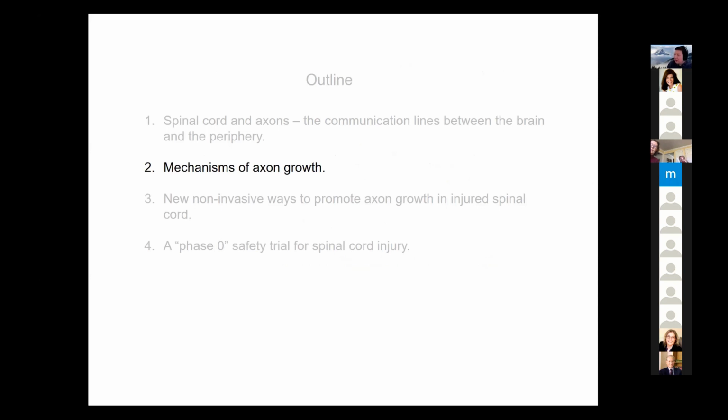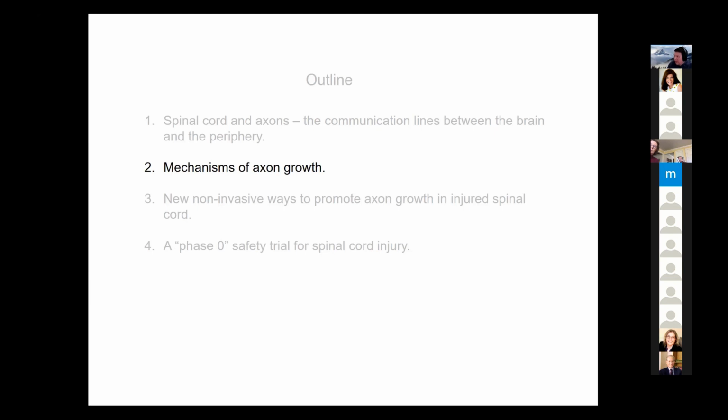At first thought, this is baffling because all axons grow rapidly during fetal and juvenile development to assemble the neural network. And axons in the peripheral nerves in the arm and the leg can regenerate to some extent after injury, but not in the spinal cord.